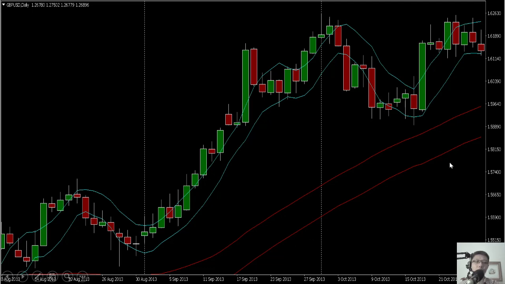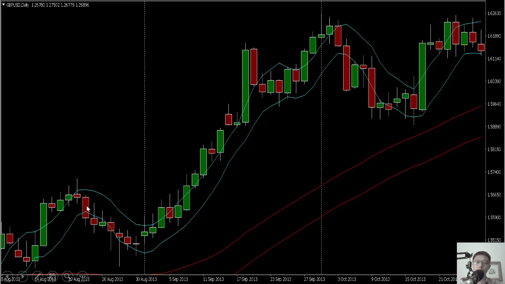So this one is the low SMA, this is the high SMA of 50 period. Okay, so the blue line, this moving average, can act as a dynamic support. We can see this example.